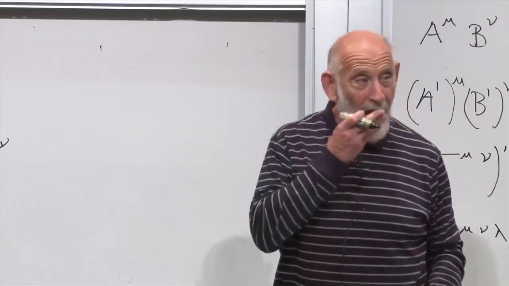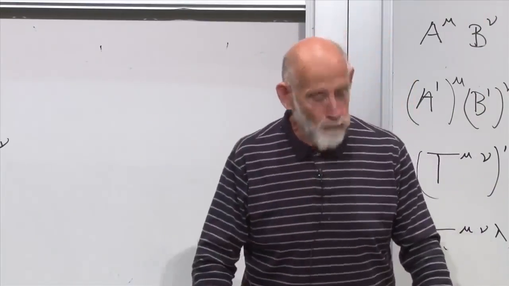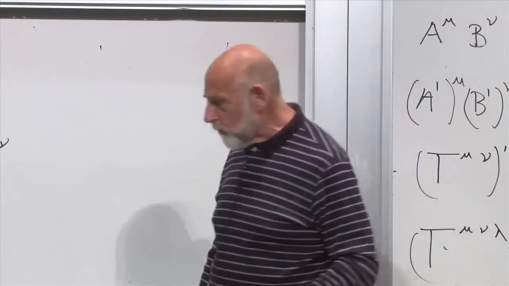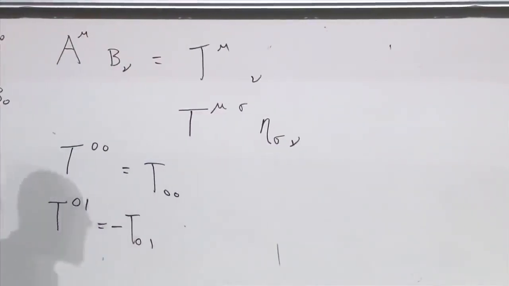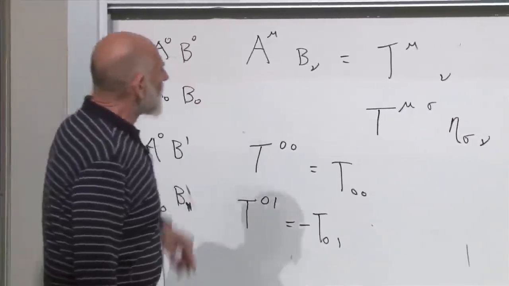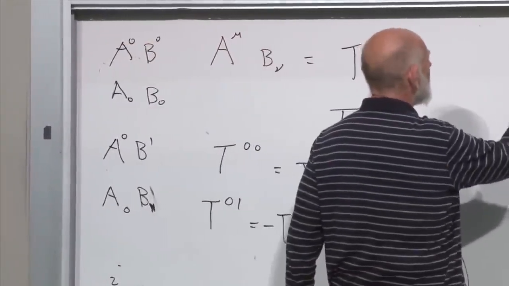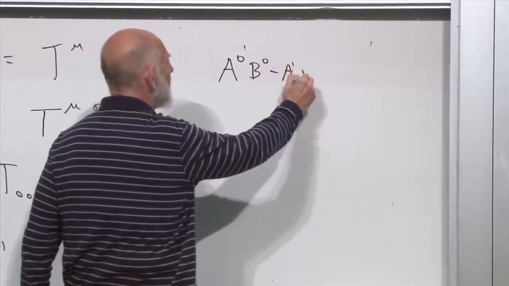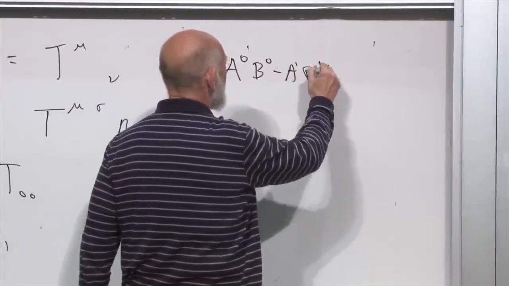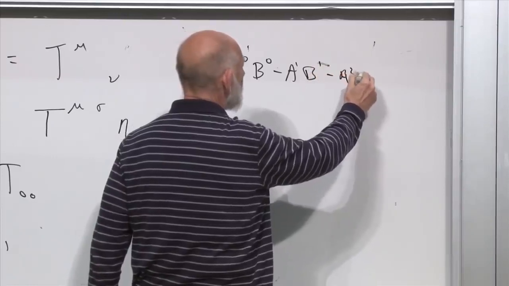Question. Why is it useful to have these two forms, contravariant and covariant? Just so you can write things like that. How else would we write A naught B naught minus A1 B1 minus A2 B2?